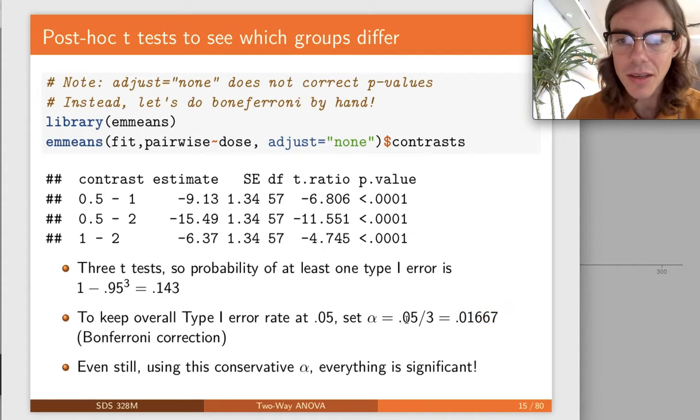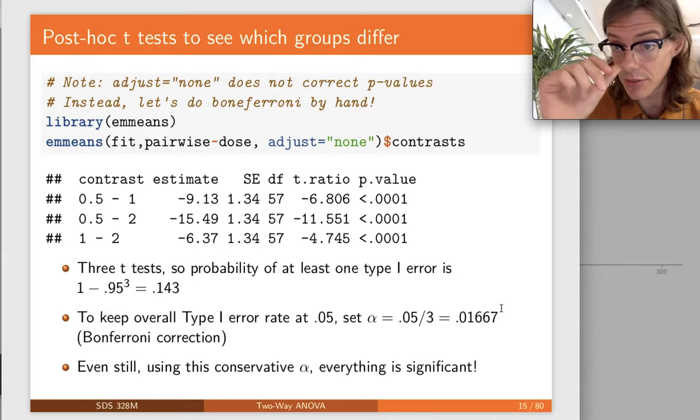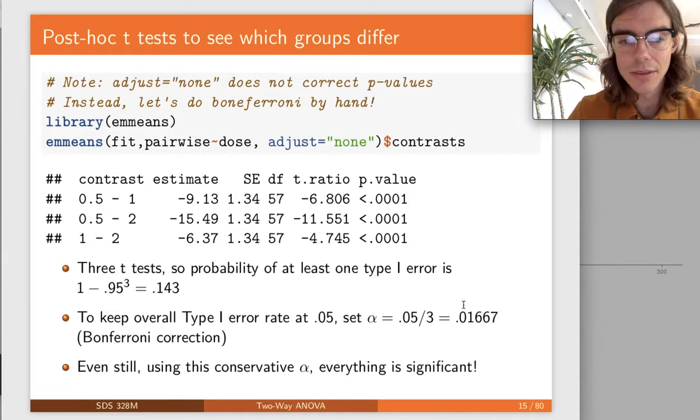However you want to think about it. This is probably the more common way: adjust your significance level accordingly, and then compare each of your p-values to this adjusted significance level instead of 0.05. Even with this conservative significance level, everything is still significant, right? So all of our groups differ from each other, all of them.